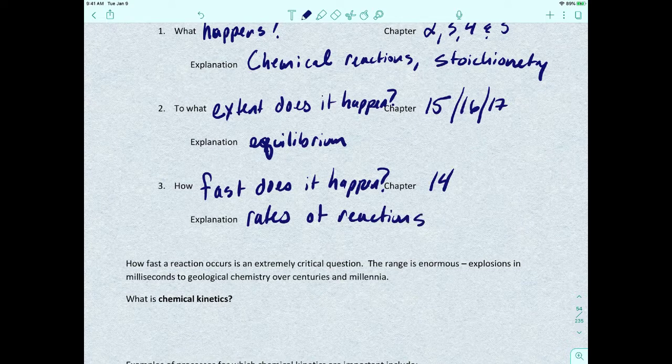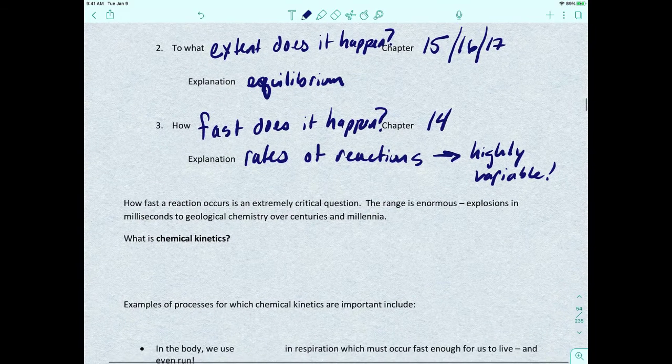And rates of reactions tend to be very highly variable. How fast a reaction occurs is actually a pretty critical question, because the range is enormous. You can have reactions that occur in milliseconds or faster, and then you can look at chemistry, especially geological chemistry, which takes place over centuries and millennia.